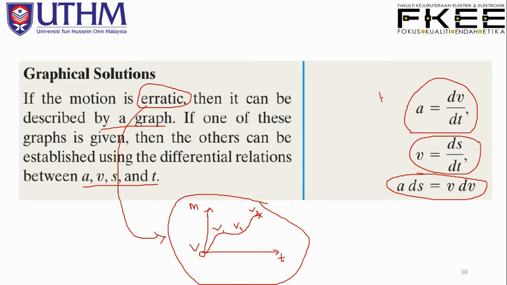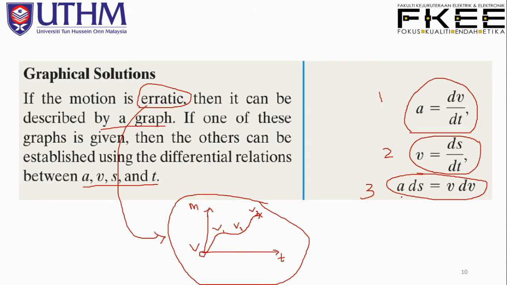These three equations are very crucial for the time being for all of you to remember, to understand, or even to memorize. The first equation is for acceleration, the second for speed or velocity, and this third is for acceleration and v.